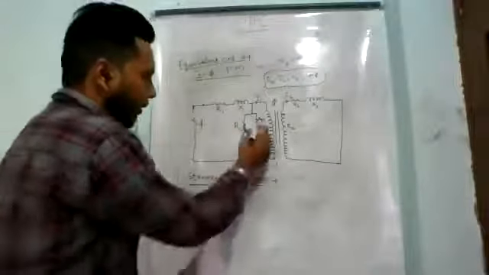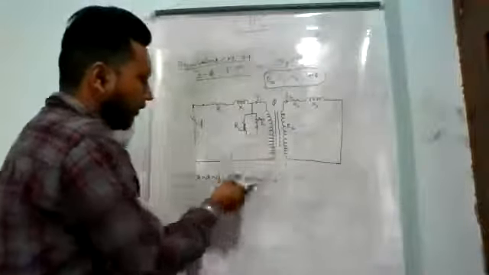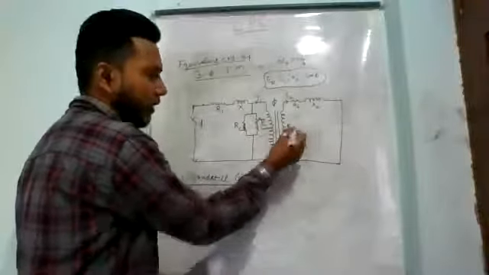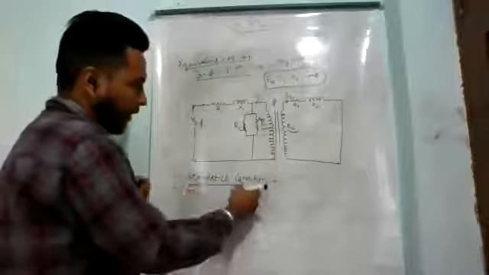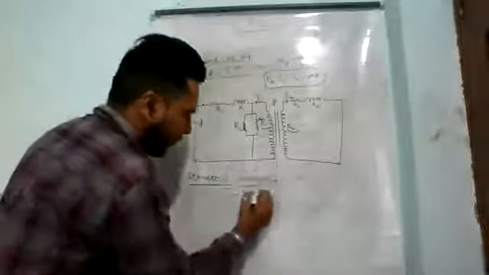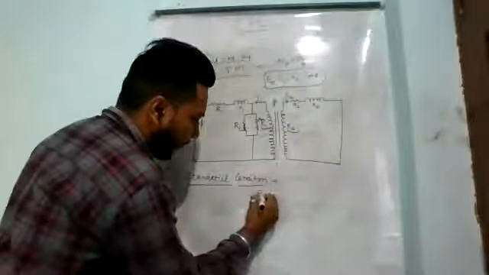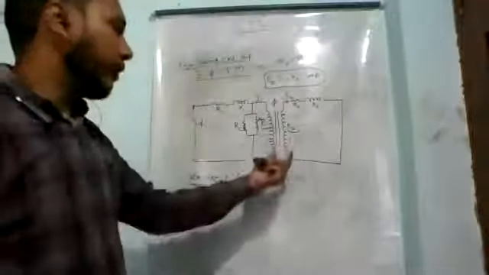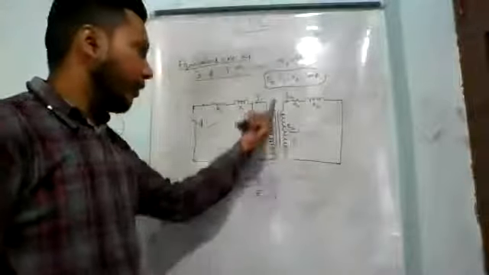Now, what is the effect on this induced EMF? When the motor is at standstill condition, this induced EMF E1 is equal to E2, because the rotor of the induction motor does not rotate.